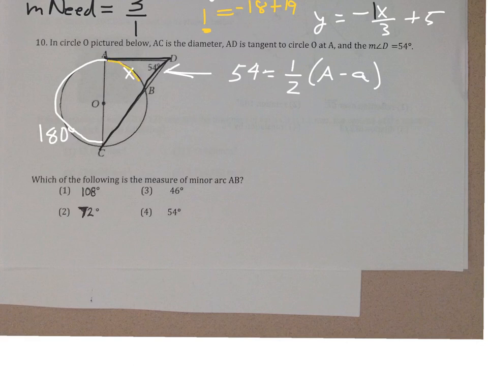So in this particular case, we're looking for the smaller of the 2 arcs, and you just have to plug in the information from the picture.